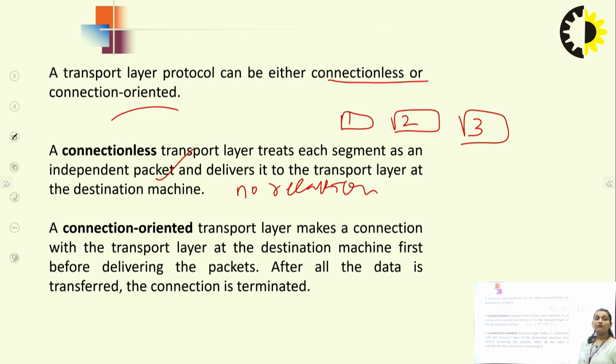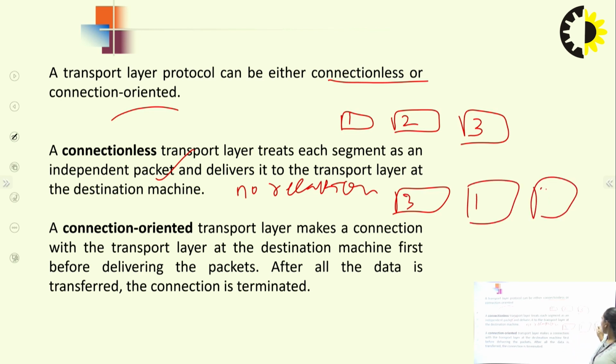How can we identify them? At the sender side we send 1, 2, 3, but maybe at the receiver side we get 3, 1 and 2. So how can we identify it? This is 3, okay. This is 1, okay, we will assemble it here. Oh, it's 2, we will fit it here.